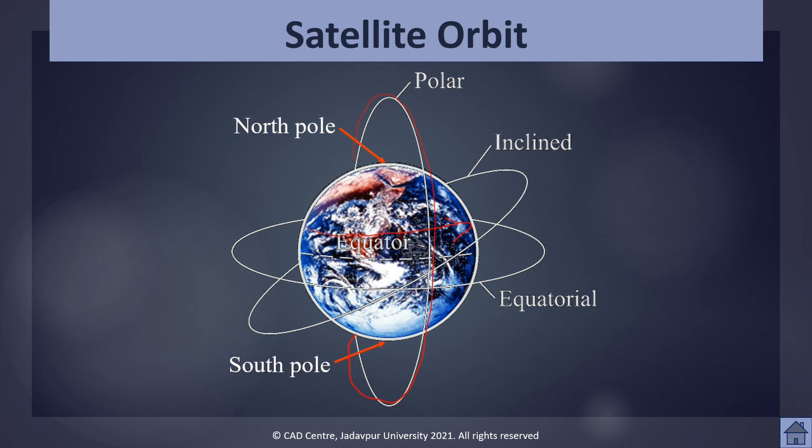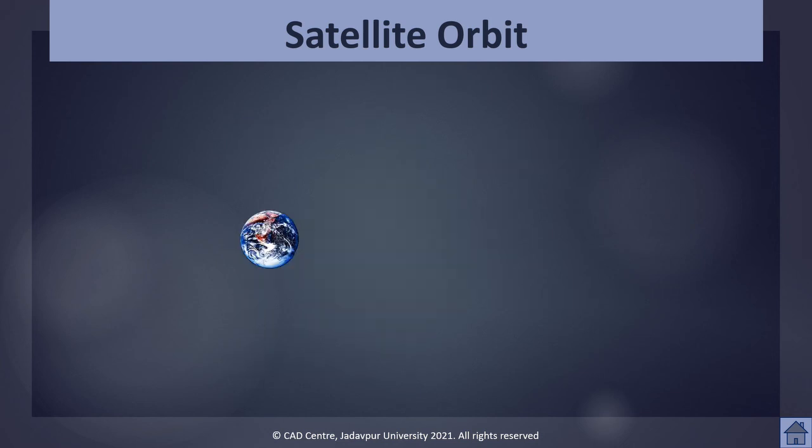I mean, the orbit may be exactly polar or maybe near polar if maintaining exactly 90 degree with the equatorial plane is not possible.